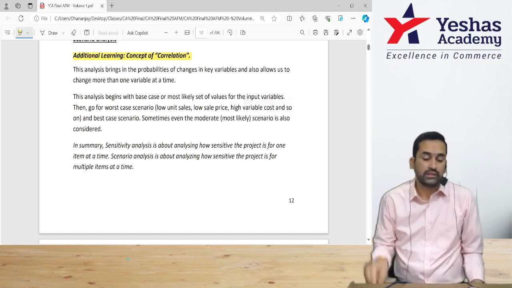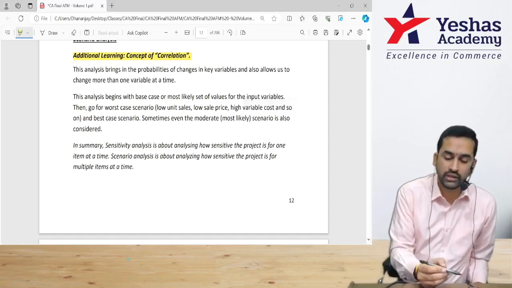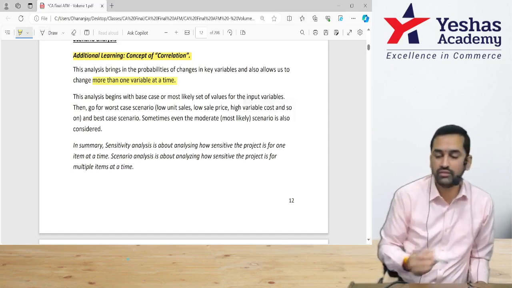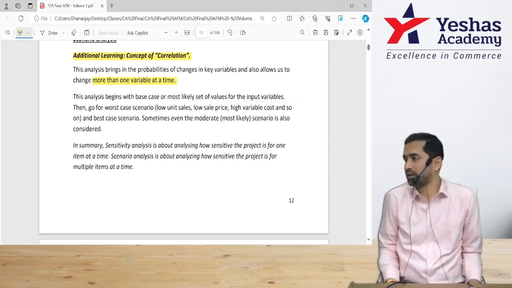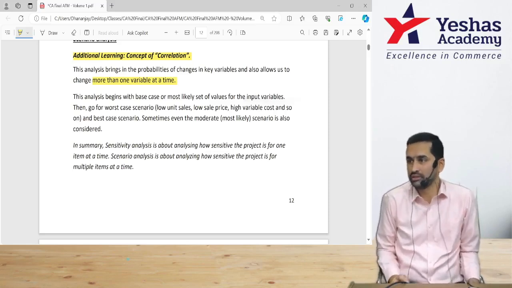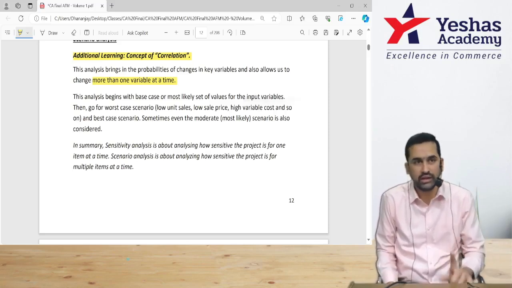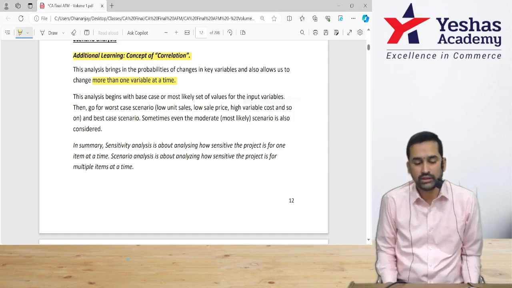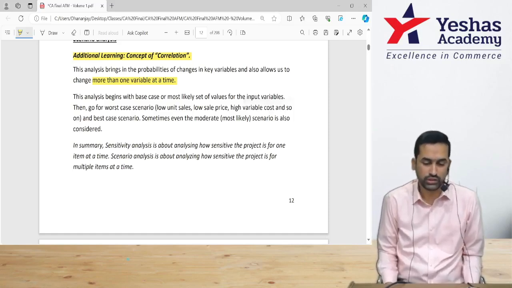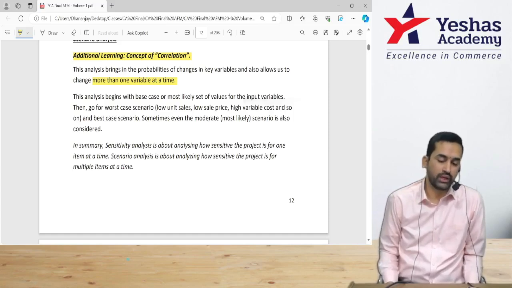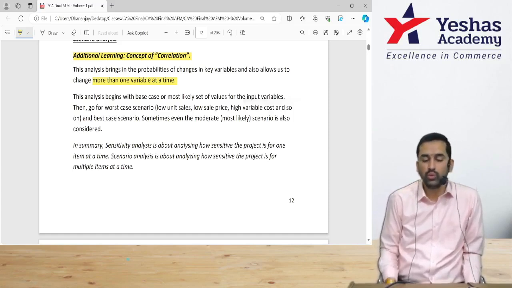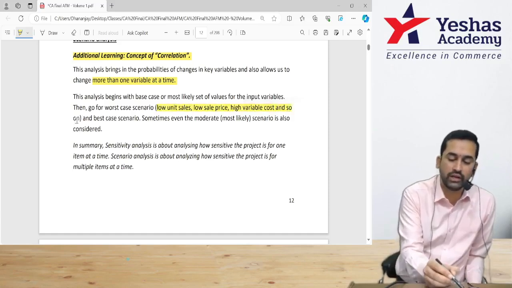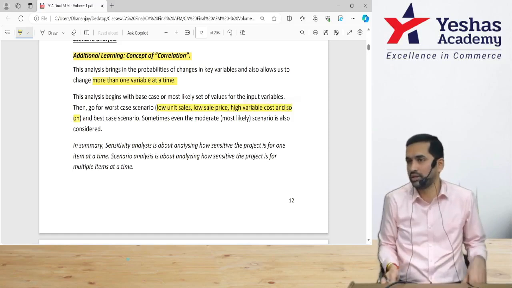Read. This analysis brings in the probability of changes in key variables and allows us to use, underline, more than one variable at a time. The important difference between sensitivity and scenario is this: there you change only one variable at a time, here it is more than one. This analysis begins with the base case or most likely set of values for the input variables, and then we go for the worst case scenario. What is worst case? Low unit sales, low price, high variable cost, high taxes, high discount rate, and so on.